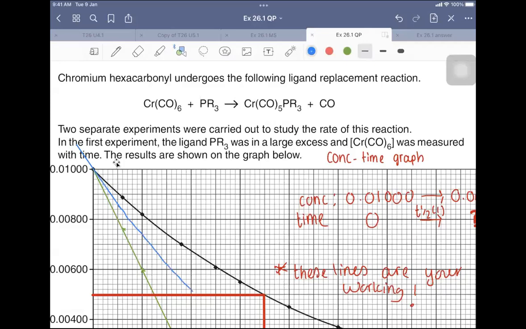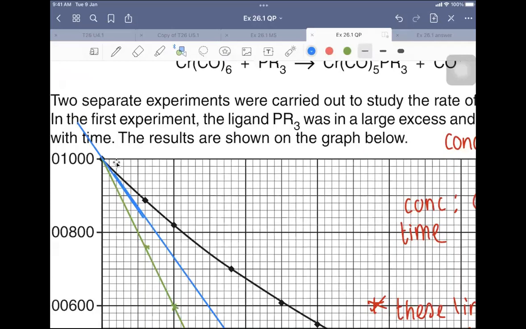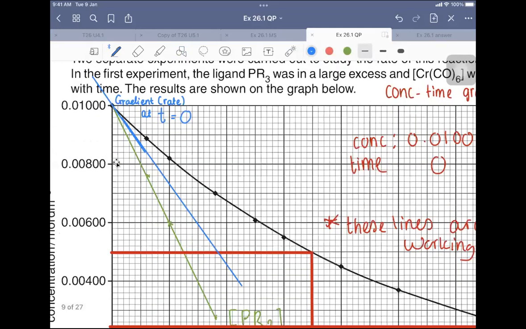Of course, you know that I will ask you to extend your line, which is not that great, but just imagine that that is a nice straight line. So my blue line is the line for gradient, which you know is the rate at t equals to 0. So you have to find the gradient, and that will give you the rate.